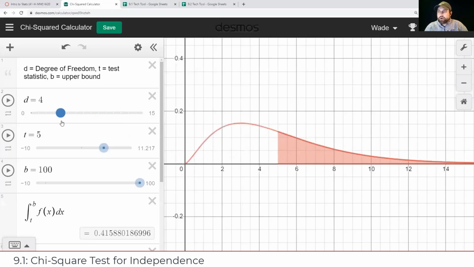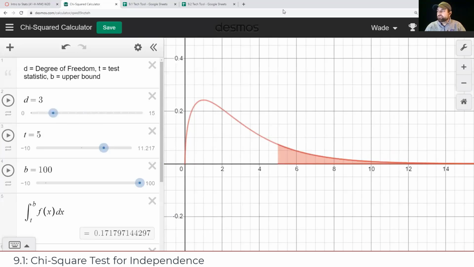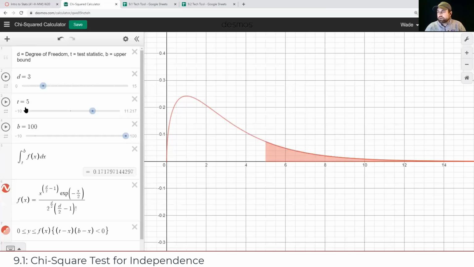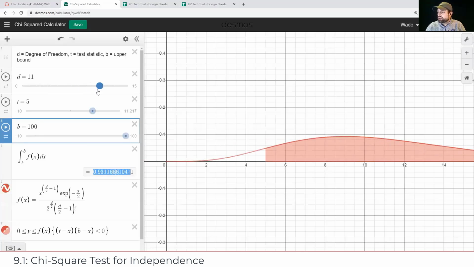So degrees of freedom are extremely important in calculating a chi squared distribution. In this situation, chi squared is equal to 5, our upper bound is 100, and then here is the area under that curve. This gives you a visualization of how the degrees of freedom impact the shape of the chi squared distribution.